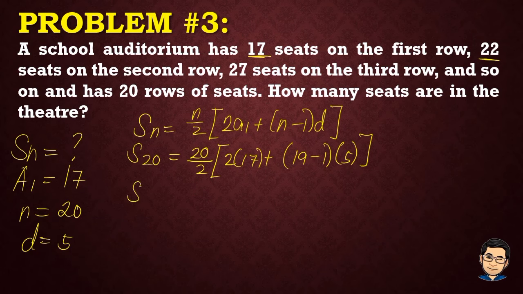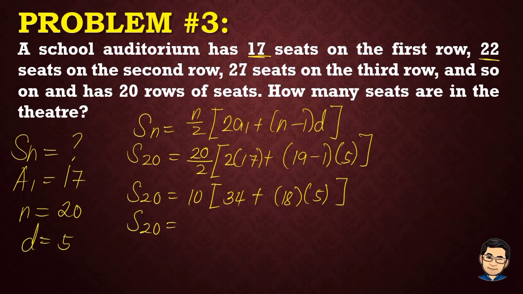Next, S sub 20 is equal to 20 divided by 2, that is 10, and then 2 times 17, that is 34, plus 19 minus 1, that is 18, times 5. Next, S sub 20 is equal to 10 times 34 plus the product of 18 and 5, which is 90.